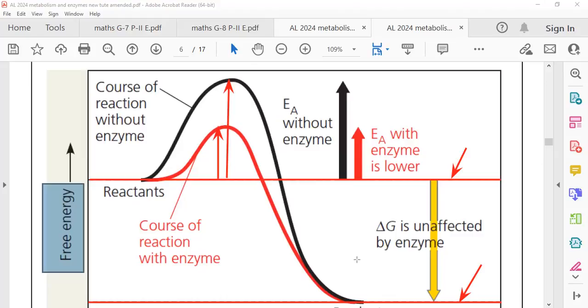No. Product not altered. That means the difference in the free energy, is it changing with and without the presence of enzyme? No.